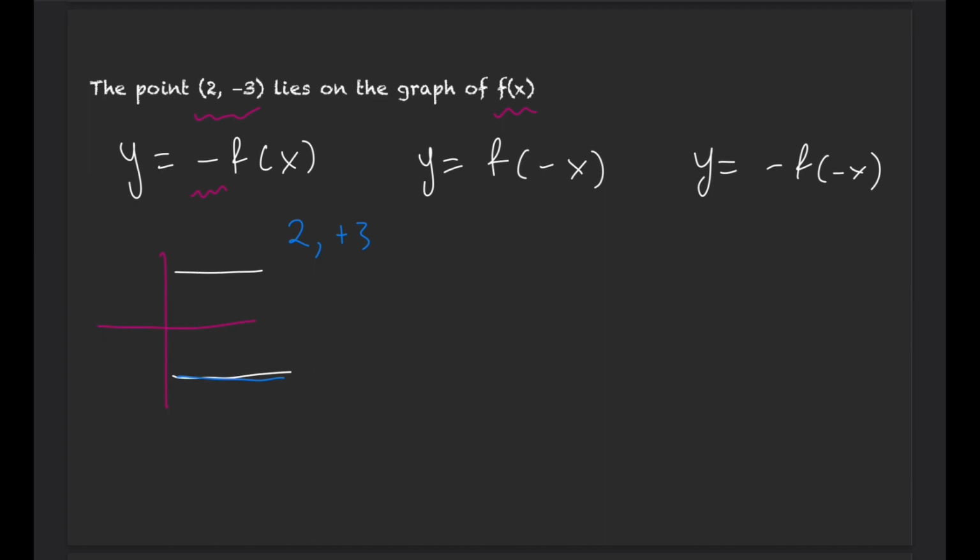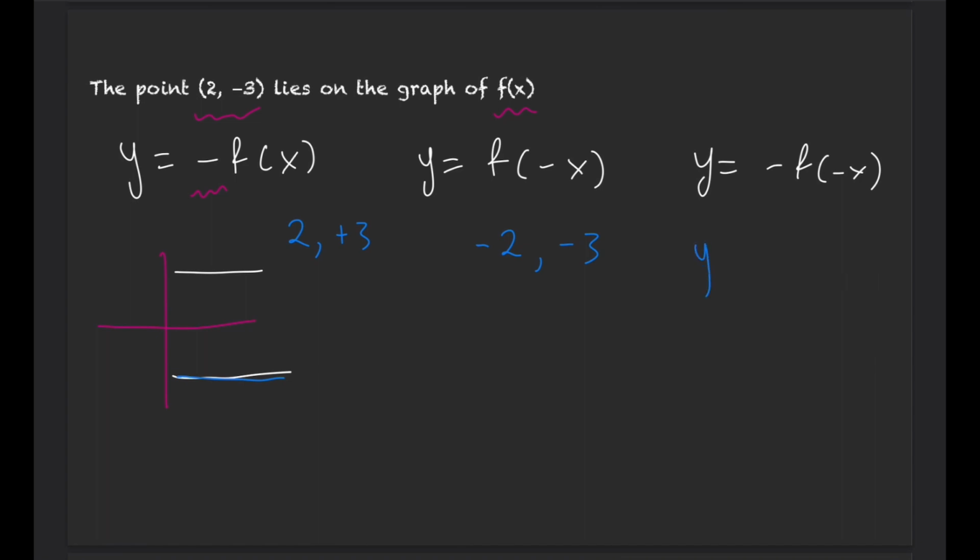And then if it was y is equal to f of negative x, well, that's going to be a reflection across the y-axis, and that's just going to change the x value. So it would become negative 2, 3. And then y is equal to negative f of negative x would mean that there's a reflection in the x and the y axes. So both the x and the y would change sign.